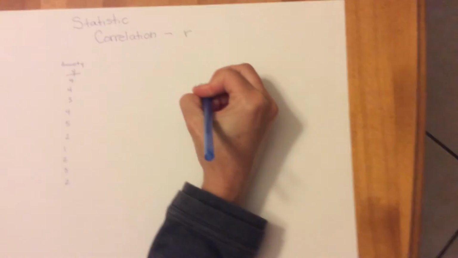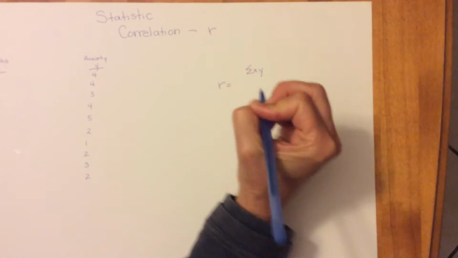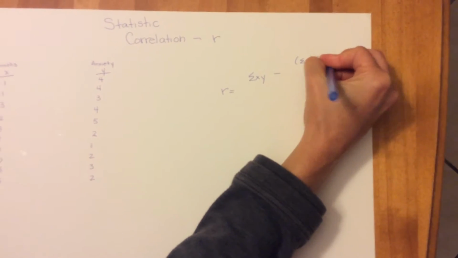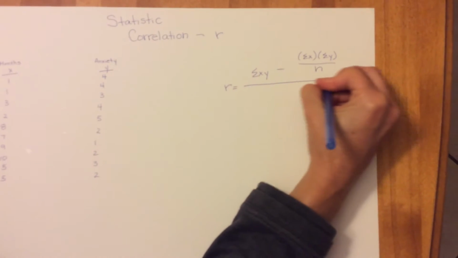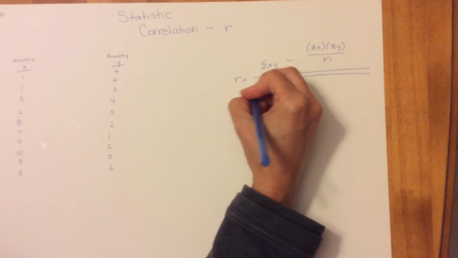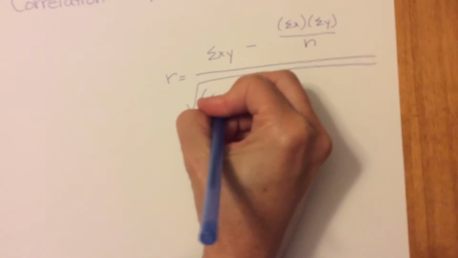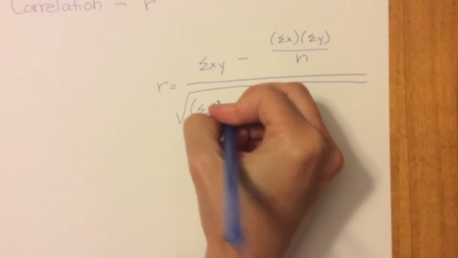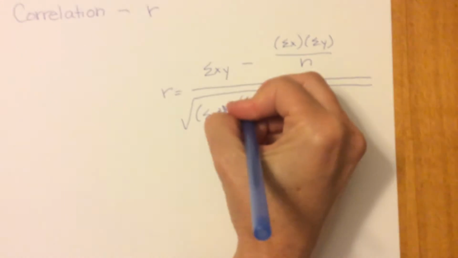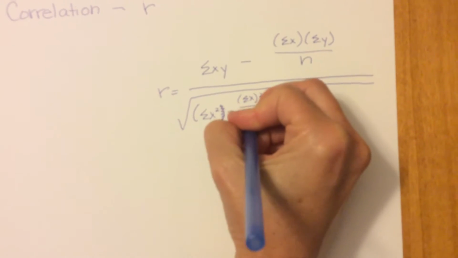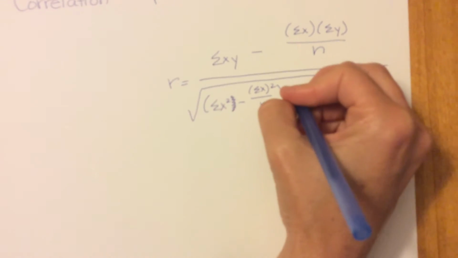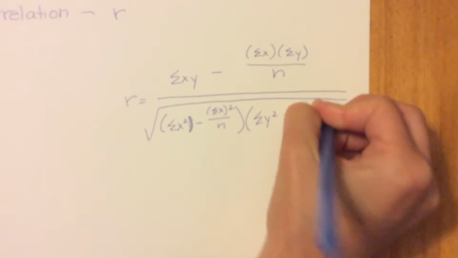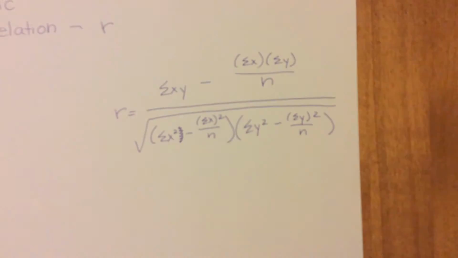A correlation equals the sum of xy minus the sum of x times the sum of y over n, over the square root of, parentheses, sum of x squared, sorry, we don't want to end the parentheses just yet, minus sum of x, the quantity squared, over n. Now we're going to multiply that expression with sum of y squared minus sum of y, the quantity squared, over n, and that expression. Okay, so sorry about that.